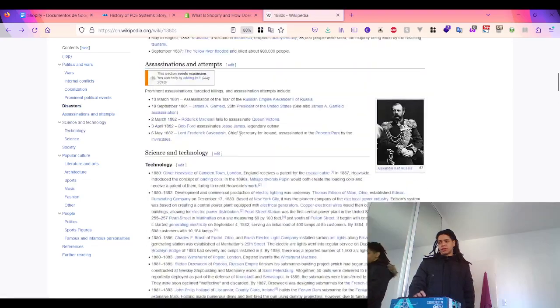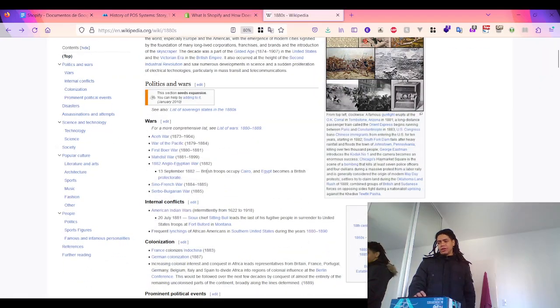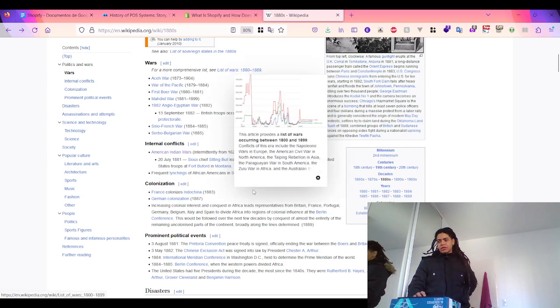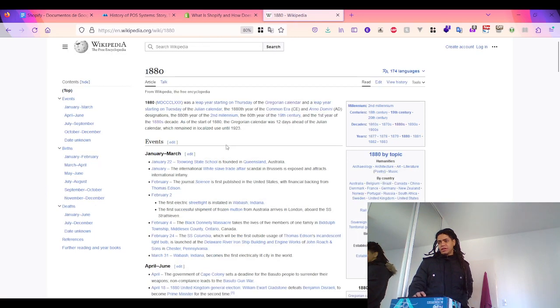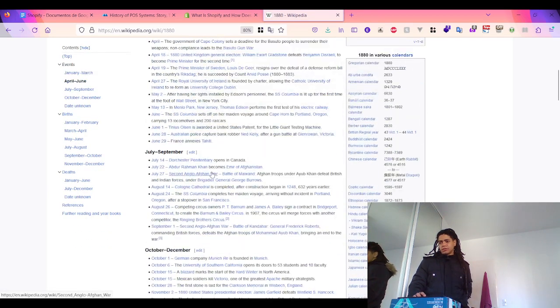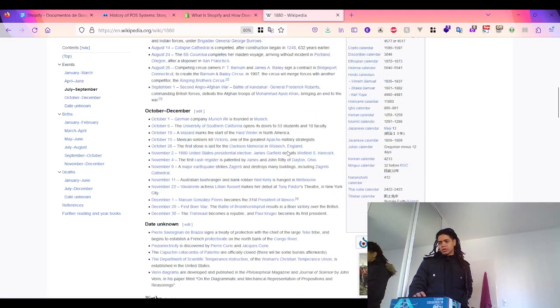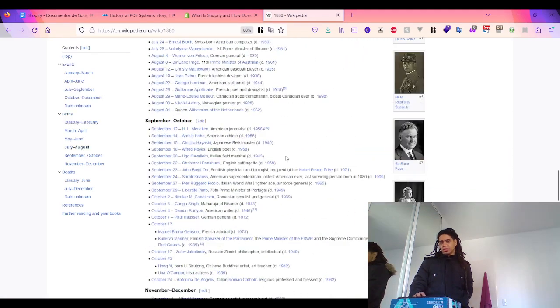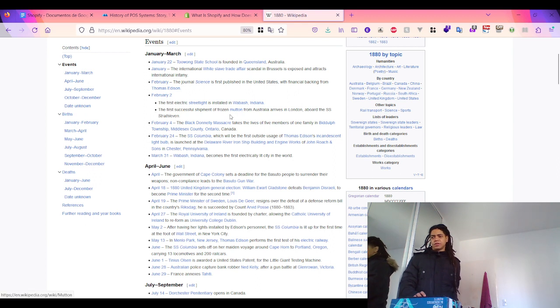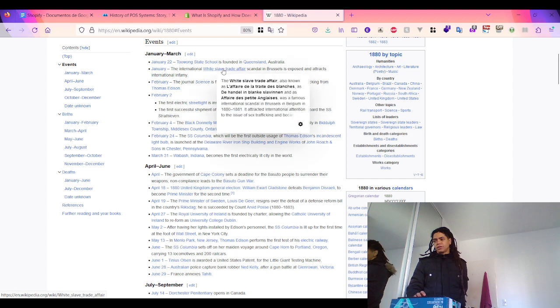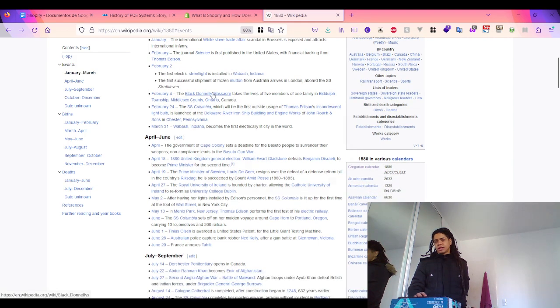But I just want to know more about what's going on here in this year. This is births and deaths. Interesting how they organize this. The international white slave trade affair scandal in Brussels is exposed and attracts international infamy. The journal Science.